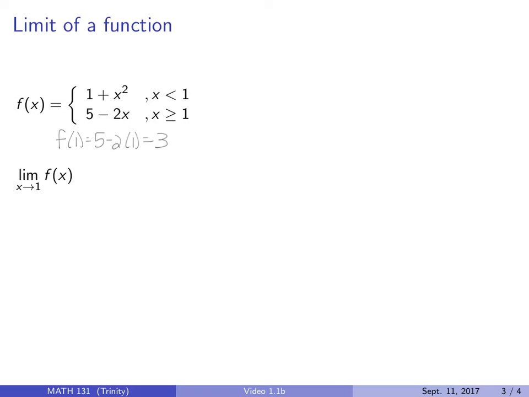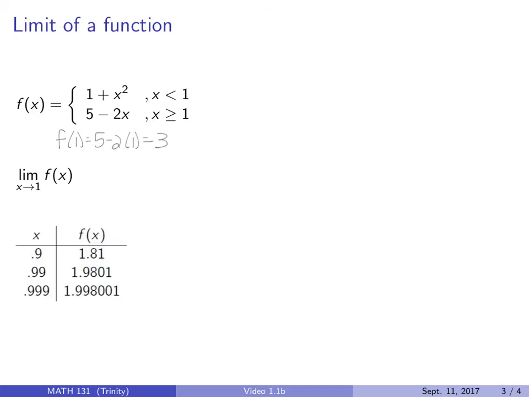So the function value at x equals 1 is 3, but since I'm trying to find the limit as x approaches 1, I don't care what happens exactly at 1, I just want to know what happens near 1. So again, we're going to construct a table of values to see what happens as x gets close to 1, not what happens when x is exactly 1.